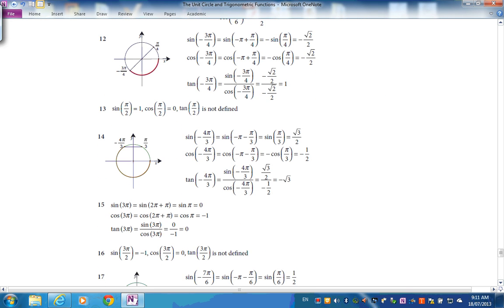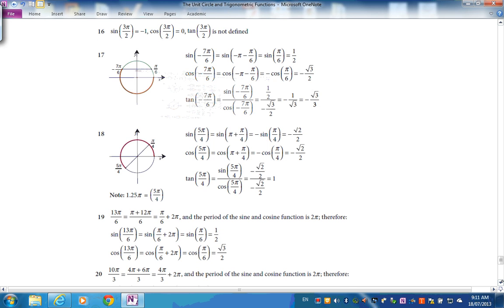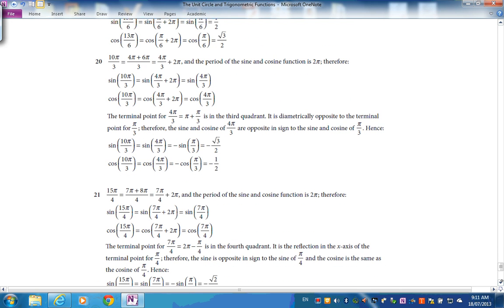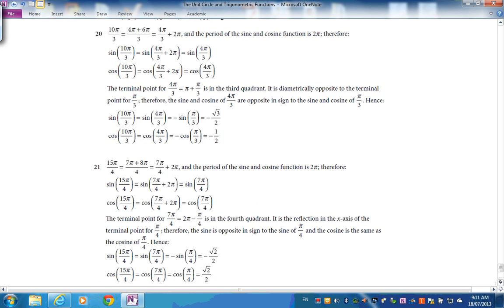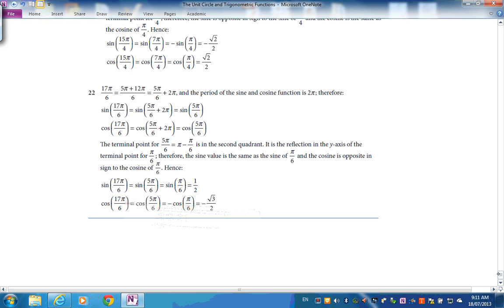Question 12 through 16. Near there, 17, 18, 19 there. Twenty, 21. And then 22.